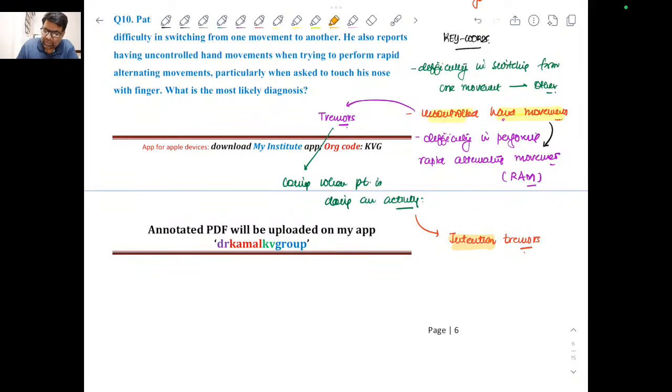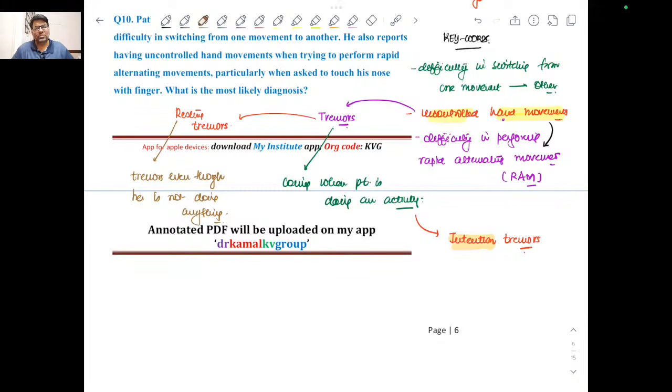Now, there is one more condition in which we see resting tremors, in which the patient is having tremors even though he is not doing anything. Clear?